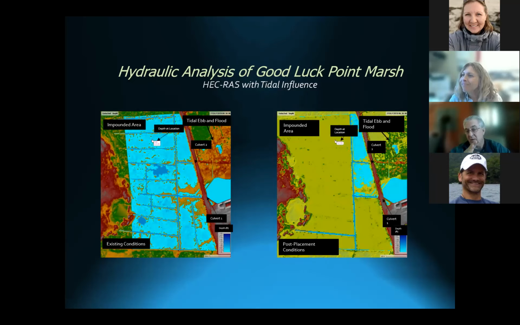So what we were able to show is that if the material behaved the way we wanted to, we had enough material and we achieved our targeted elevation across the whole site, the site would behave normally hydrologically, which is the desirable outcome. So every time you're doing one of these projects, this is an important step, to understand how the hydrology is behaving now and what it's going to do when you start placing material.